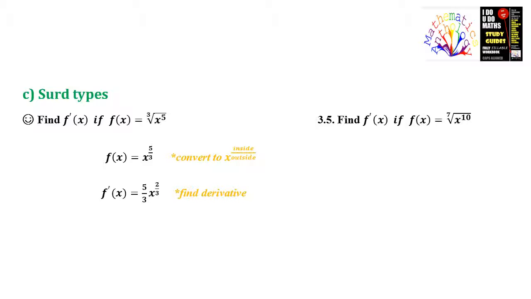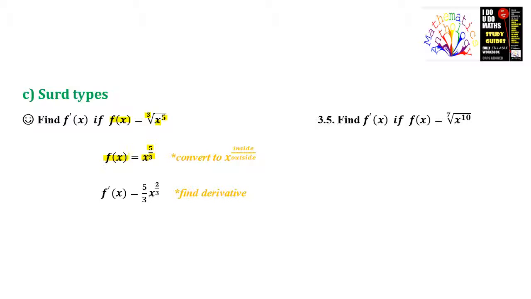The x in the middle becomes your base, and it's inside over outside: the inside becomes your exponent. So the cube root of x to the power 5 can be written as x to the power of 5 over 3.